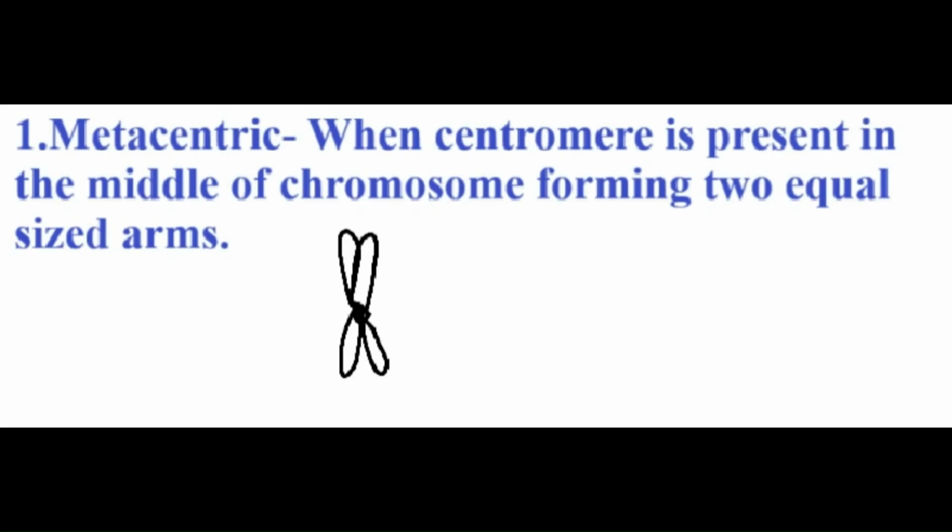When a chromosome has a centromere in the middle of the chromosome with two equal sized arms, this kind of chromosome is called metacentric.